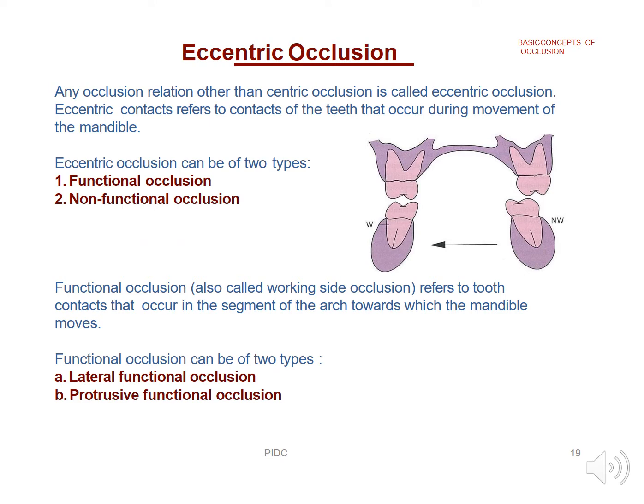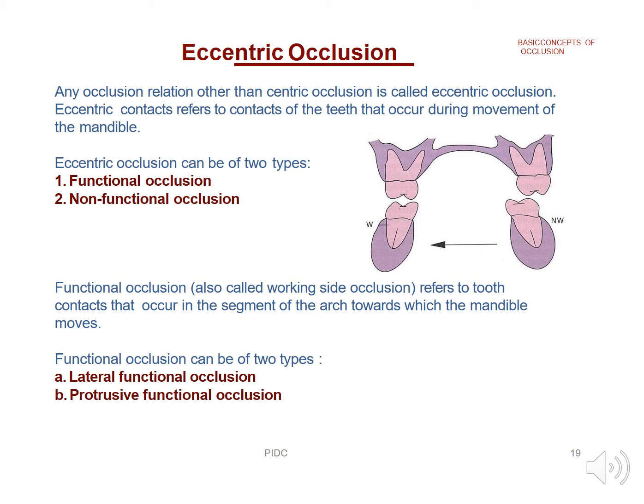Now we will look at eccentric occlusion. Any occlusion relation other than centric occlusion is called eccentric occlusion. Eccentric contacts refer to contacts of the teeth that occur during movement of the mandible. Eccentric occlusion can be divided into two types, the first one is functional occlusion and the second one is non-functional occlusion.